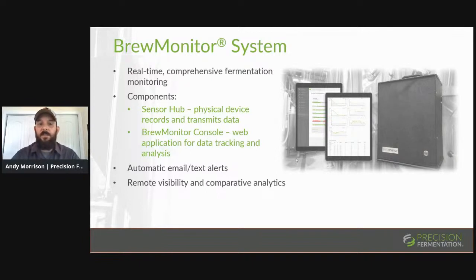So essentially taking the idea of sampling and just dropping it in front of you with a layer of analytics that you otherwise wouldn't have if all you're doing is manually taking samples, recording them somewhere, and leaving them to collect dust. So it gives us the ability to also build in this real-time alert system and these comparative analytics that are core to the system. So I'll show you what that means.